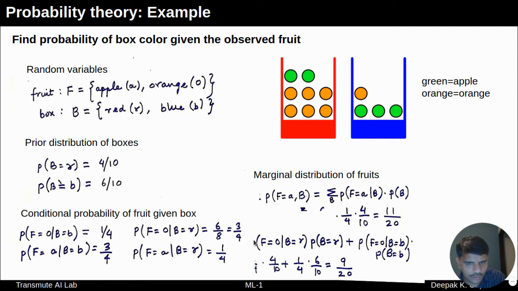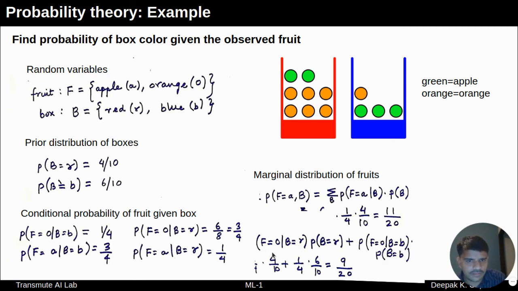So that is the joint probability of fruit being orange and box being red, expanded using the product rule. This term plus the probability of fruit being orange when the box is blue multiplied by the probability of the box being blue. This term.